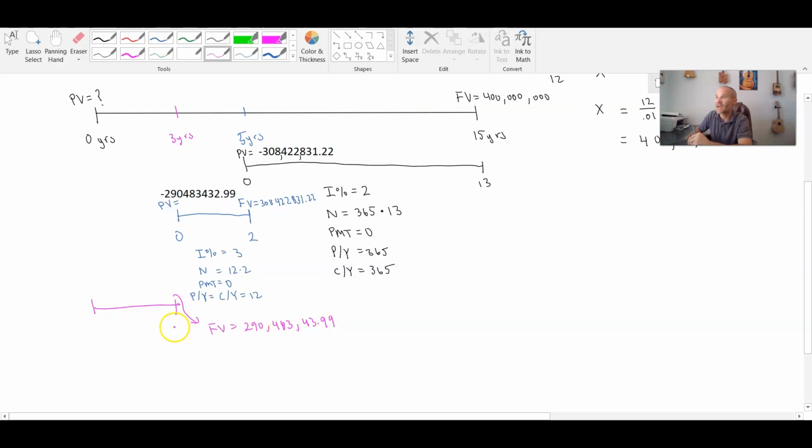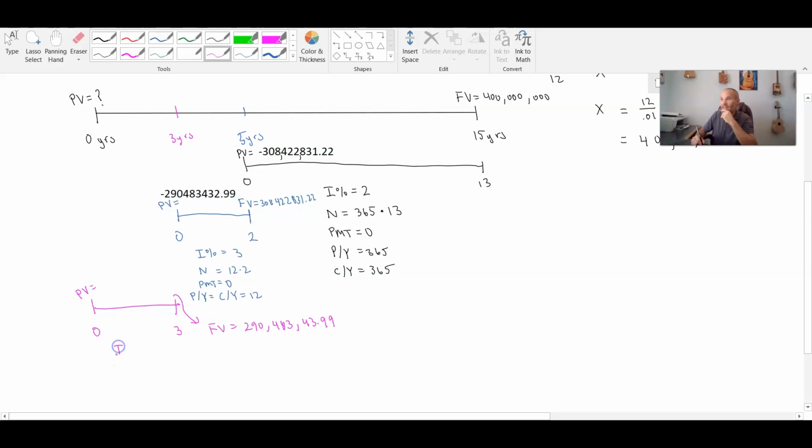This is at time 3 years from time 0 years. What we're now going to find out is what should be the original present value at time 0 today, how much we need to invest today to reach that goal of 400 million in order to be able to withdraw $2,000 a month for however long we live.